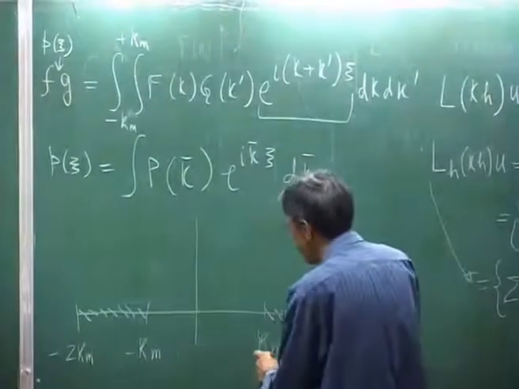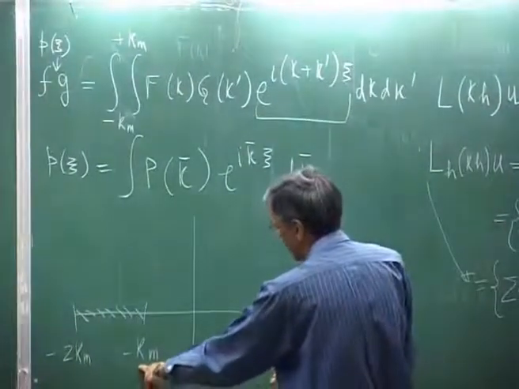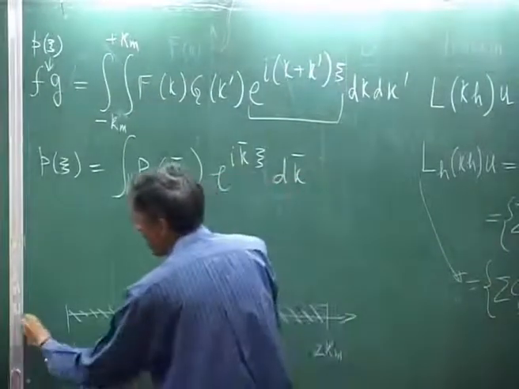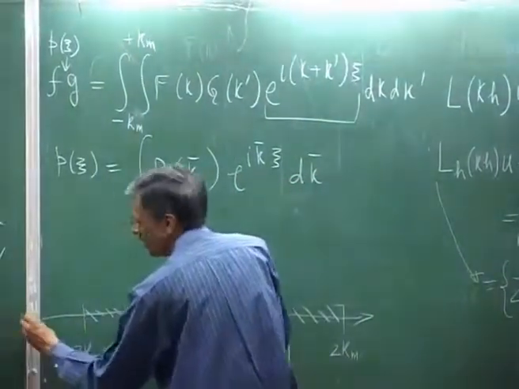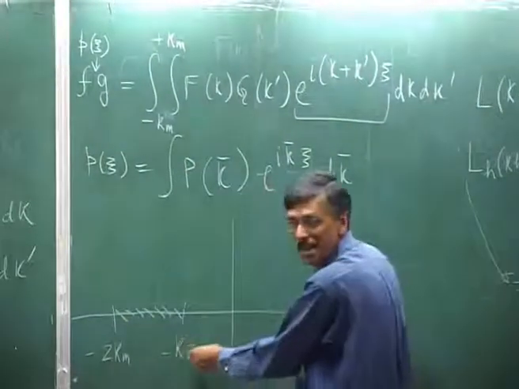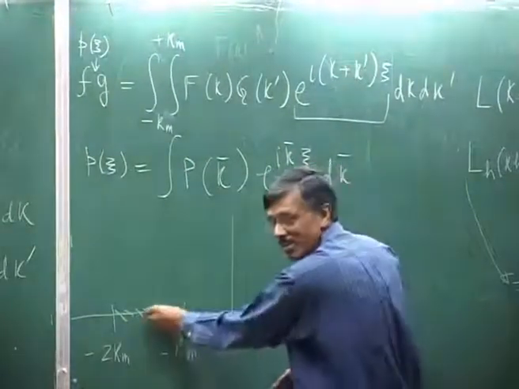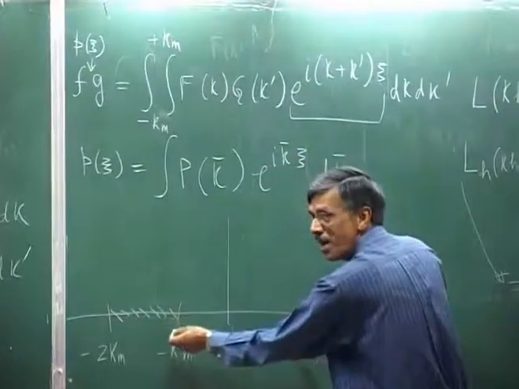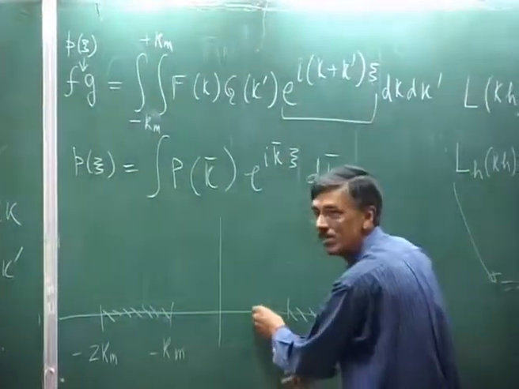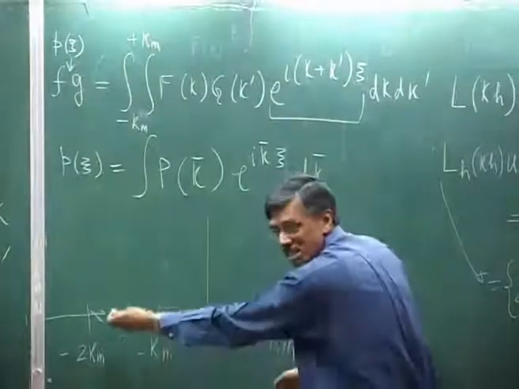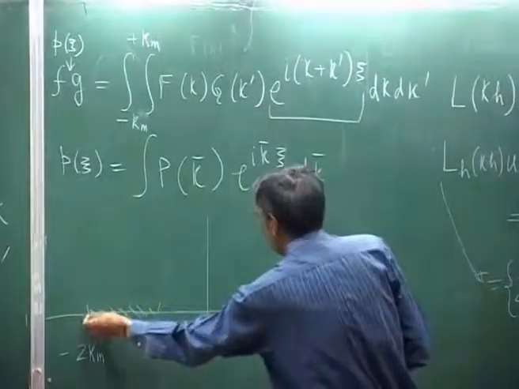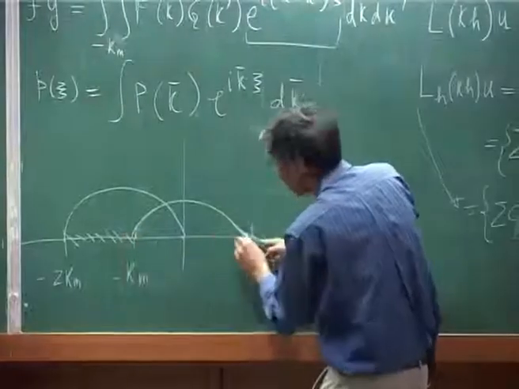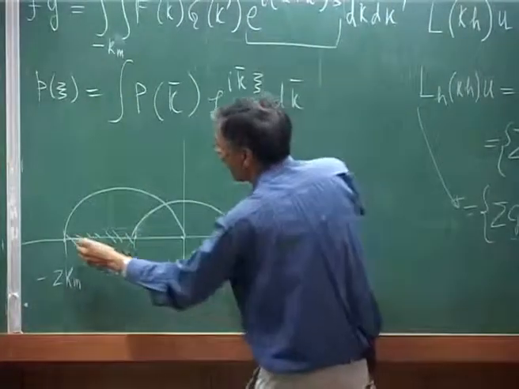So what does it mean? What we are seeing from minus k max to plus k max, the same thing should have happened here, minus 3 k max to minus k max, right? So these points are what? These points have a corresponding image inside here, because they are the periodic extension. So what happens is, this point would map to the first point here. So what happens to this point?